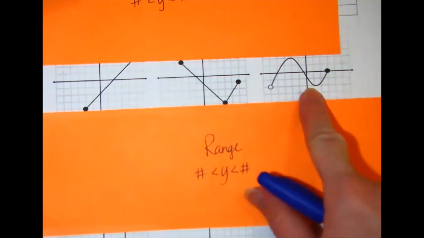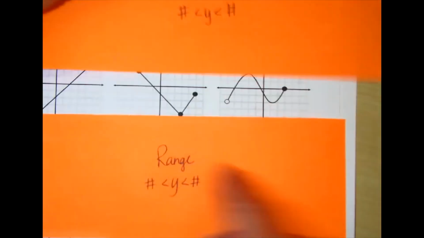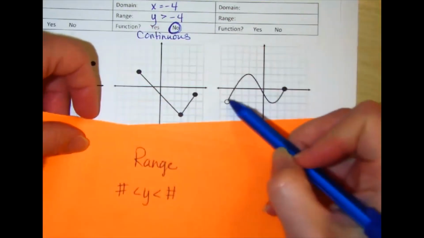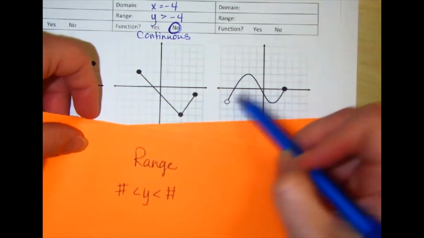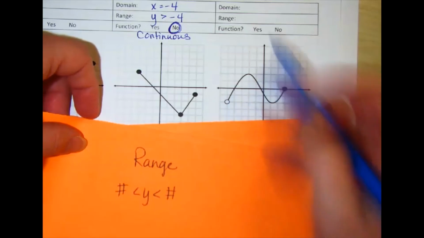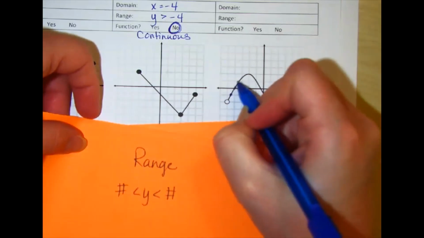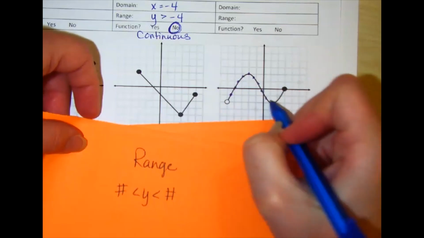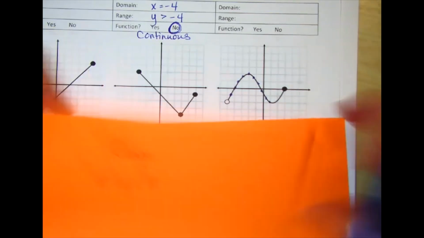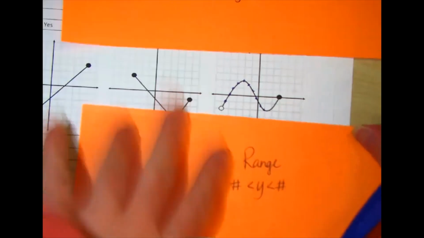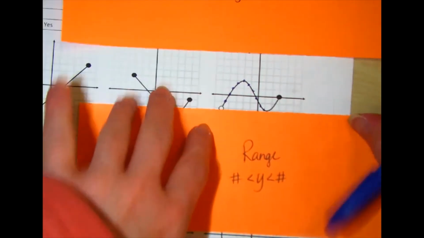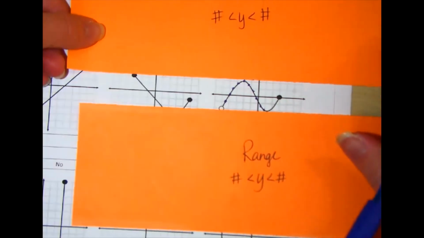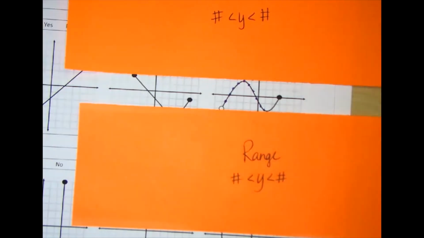Same thing over here. Look at that squiggle. A curved line is full of points all the way along. So here's a point, here's a point, here's a point. A line is just made up of all of these points. So when you're finding range, you go until you touch the graph at all. I'm going to stop right there at the top of that curve.